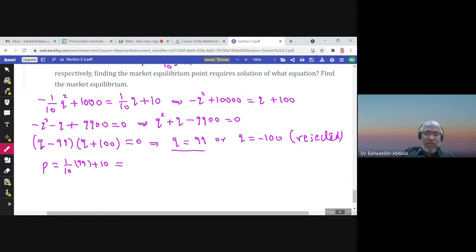And the answer would be 9.9 plus 10. So it is actually 19.9. So the market equilibrium: Q is 99, and P is 19.9. This is the price.